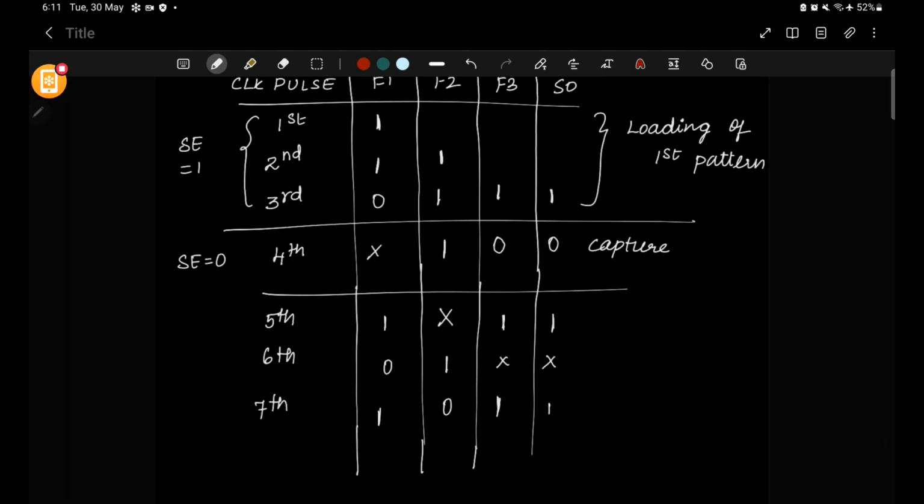Flip-flop 3's output goes to scan out, so here it will be 1. So this is unloading the old pattern and loading the new pattern.